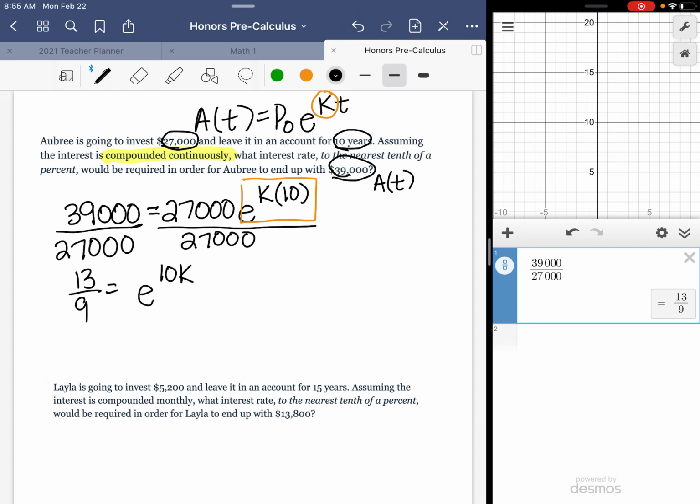Now, this is where I can convert to a logarithm, or I could do the inverse rule. I like to do the inverse rule when I have my e, because if I do the natural logarithm, then I can cancel out stuff, and it will get solved a little bit faster. So I'm going to take the natural logarithm of both sides. And again, what that does is I have the ln of e.